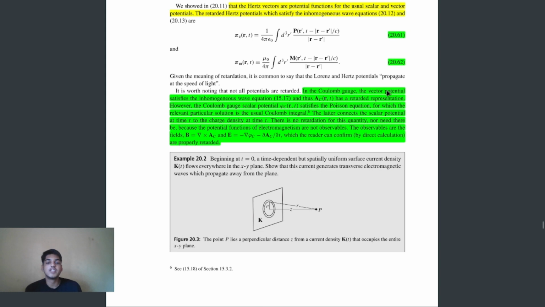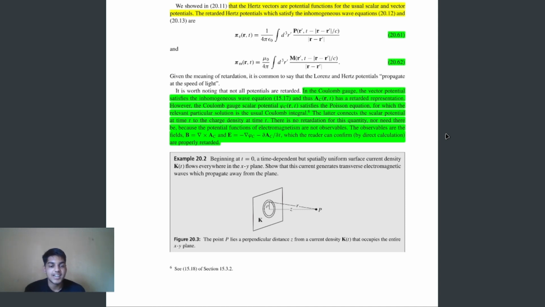In the Coulomb gauge, the vector potential satisfies the inhomogeneous wave equation, and thus the vector potential has a retarded representation. However, the Coulomb gauge scalar potential satisfies the Poisson equation, for which the relevant particular solution is the usual Coulomb integral. The latter connects the scalar potential at time t to the charge density at time t.